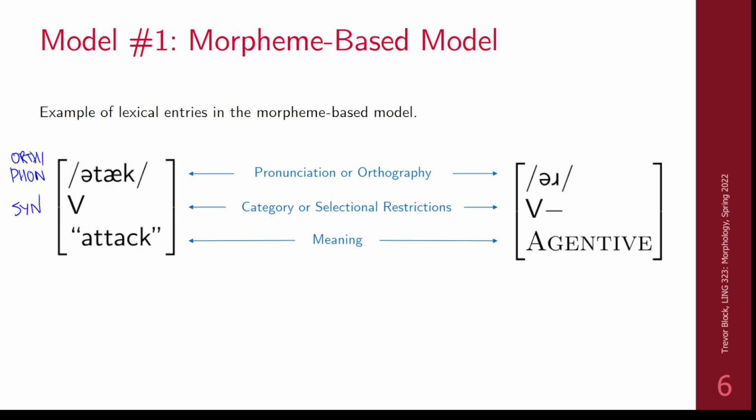In the case of attack, this is a verb, so we write V. And then we have semantic information below. So this is the meaning. So each of our lexical entries contains three things: phonetic information, syntactic information, and semantic information. Now our morphemes can be described this way too. So this is the morpheme, like in the word actor.